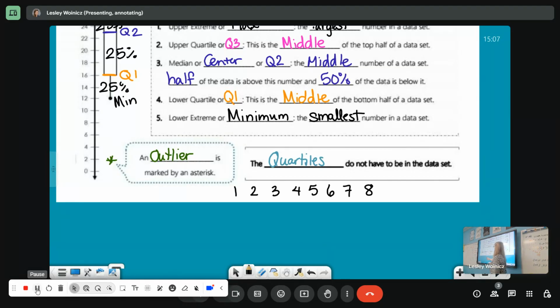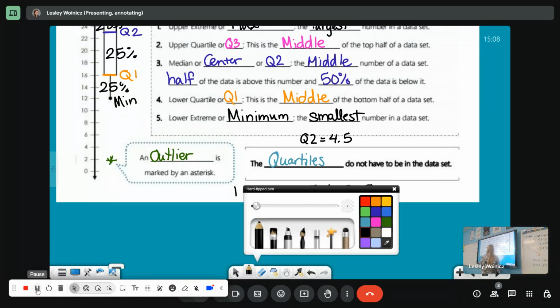Okay, what is the median for this data set? What's my middle number? 4.5, right? Is that actually in my data? No. So my Q2 is 4.5, not in the data set.